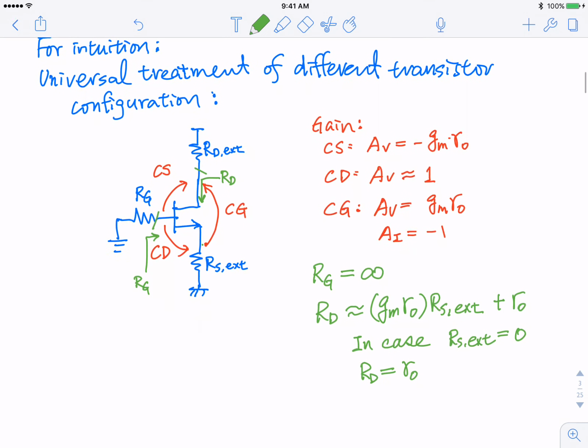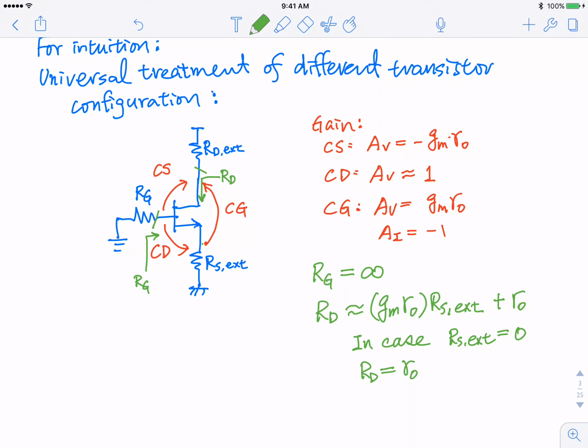Let's complete the cycle. So that's very compact here. Again, I cut it here and look into the source. To remember, this is not the RS external.